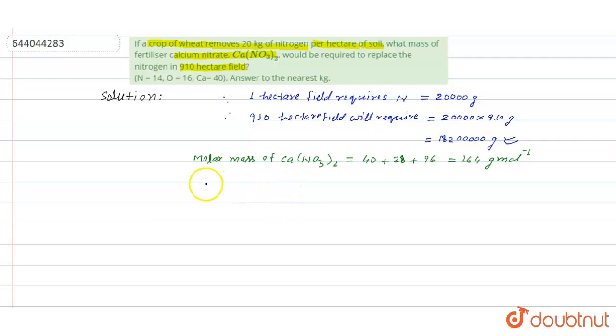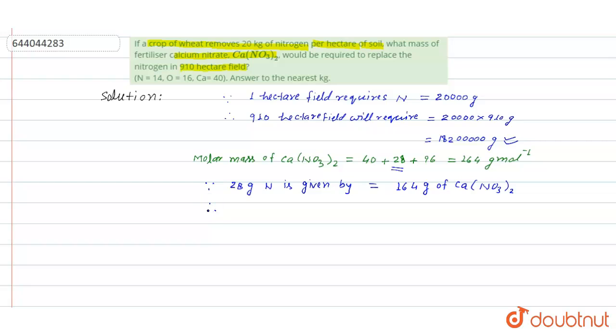This means, since in 164 gram the mass of nitrogen is 28 gram, 28 gram nitrogen is given by how much calcium nitrate? 164 gram of calcium nitrate, Ca(NO3) whole twice.